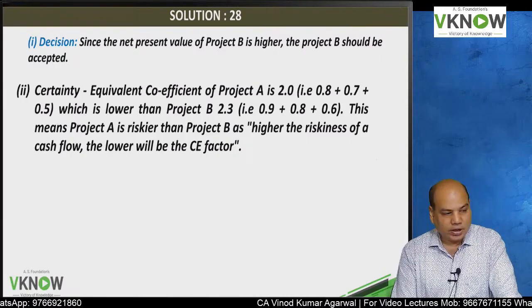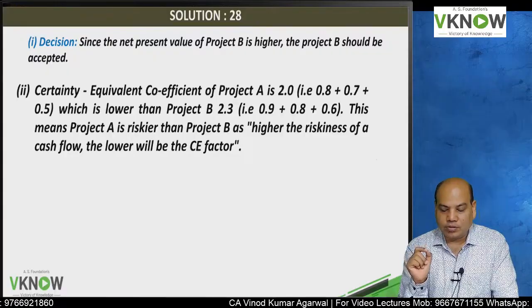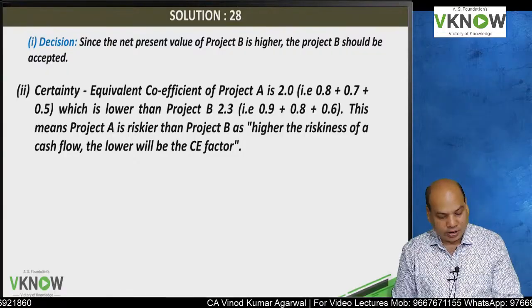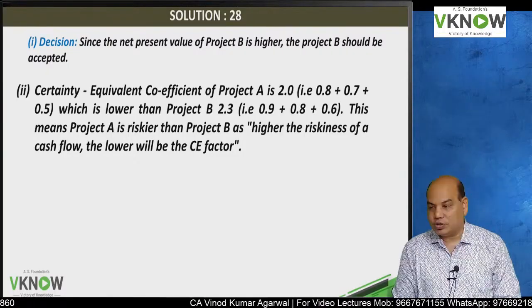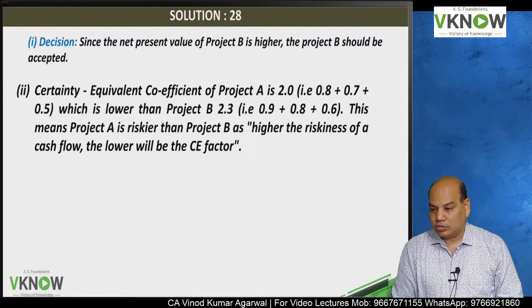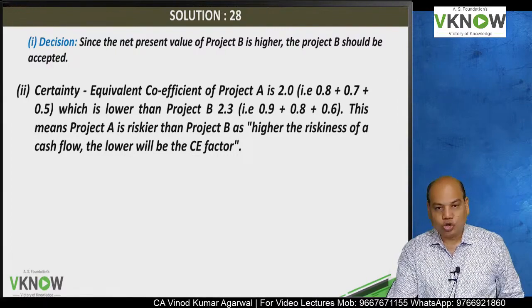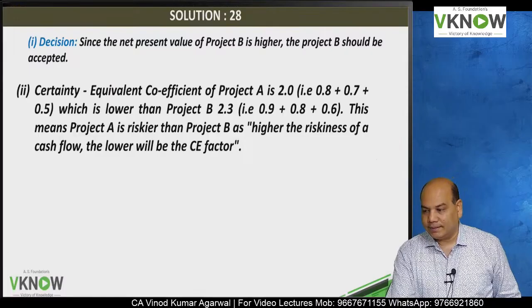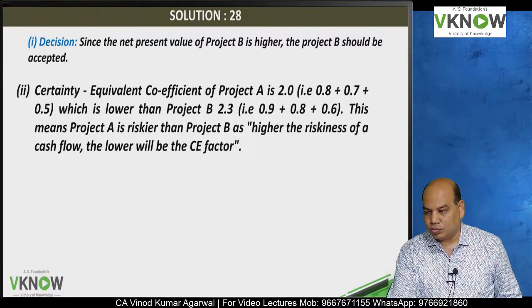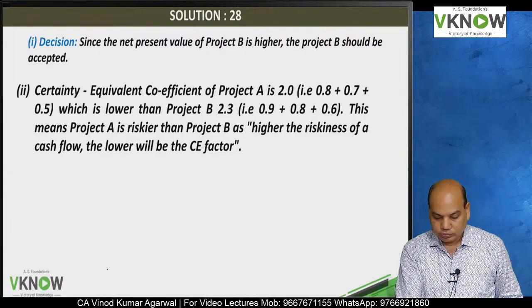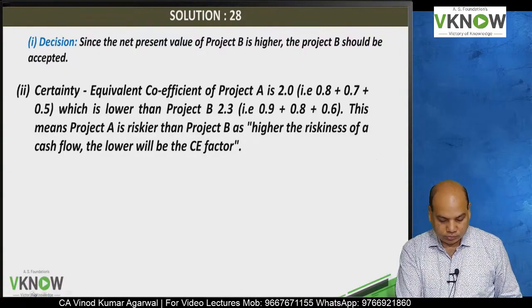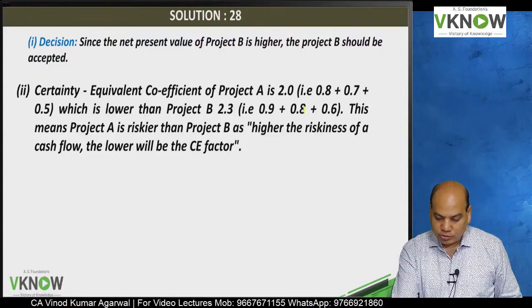The second answer is which project is riskier. Write down for that part certainty equivalent coefficient. Certainty equivalent coefficient of project A is 2.0. How has this 2.0 come?